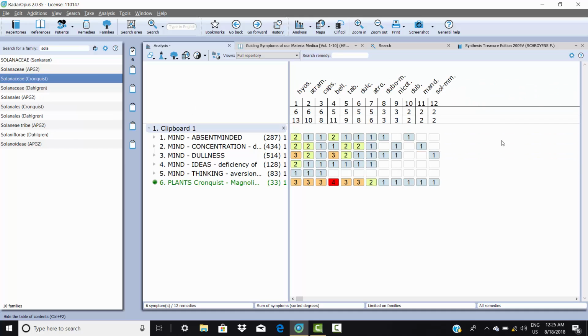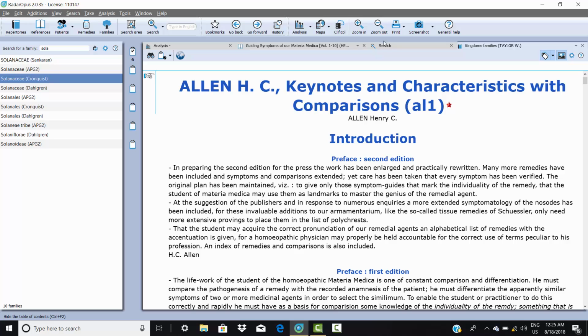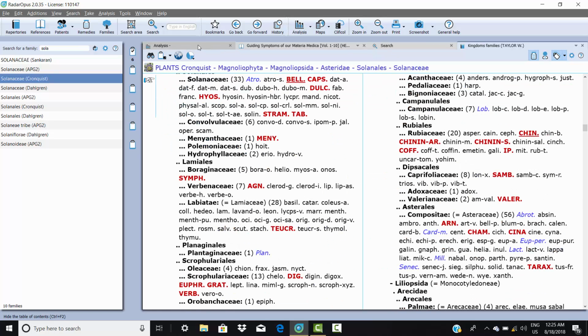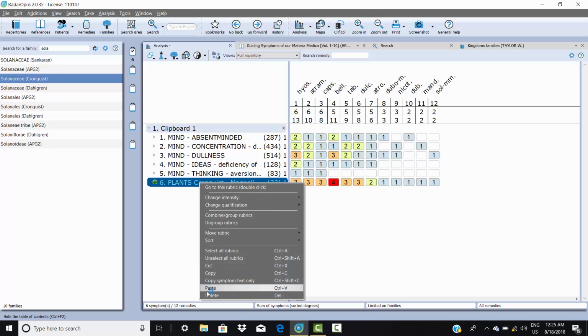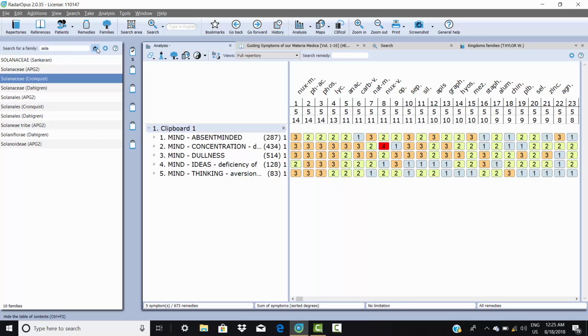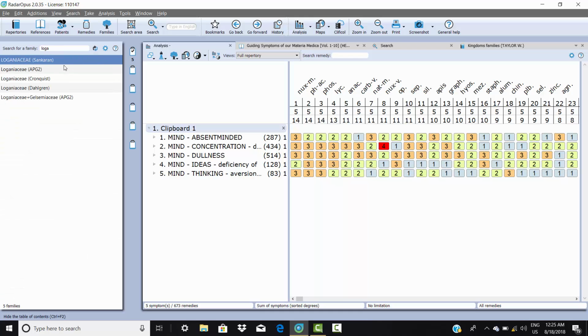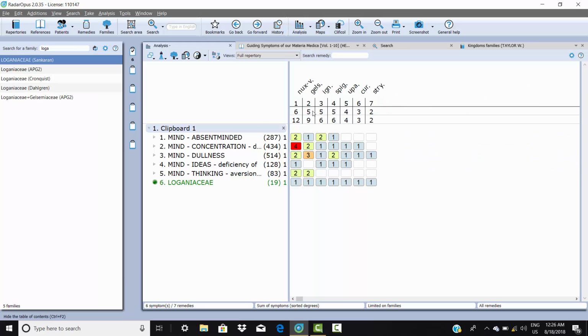These are the family section presenting rubrics. These are the normal. Loganiaceae, limit this family: Nux vomica, Gelsemium, Ignatia, Spigelia, and these are the medicines present.